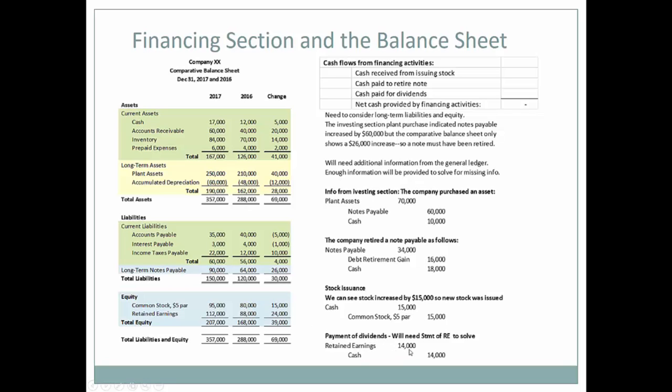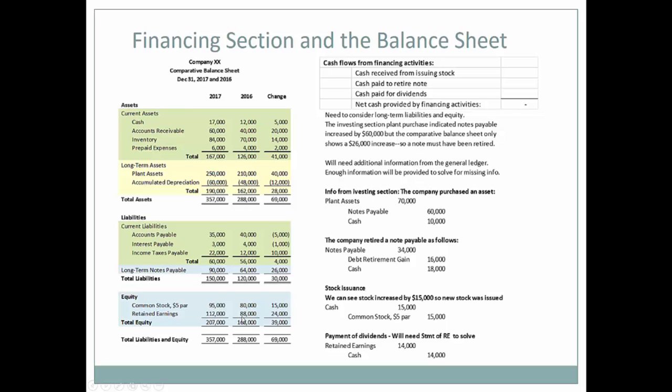Then we can look at retained earnings and determine how much cash was paid out as a dividend. Now, if you look at how to prepare a statement of retained earnings, you will always be able to solve for dividends that were paid out. Remember, the statement of retained earnings would have beginning retained earnings, which you know here because it's on the comparative balance sheet.